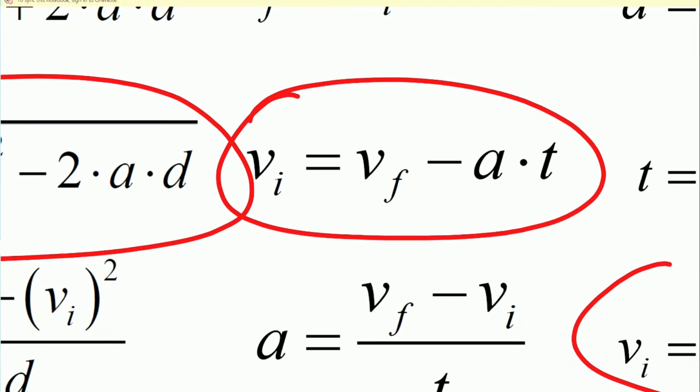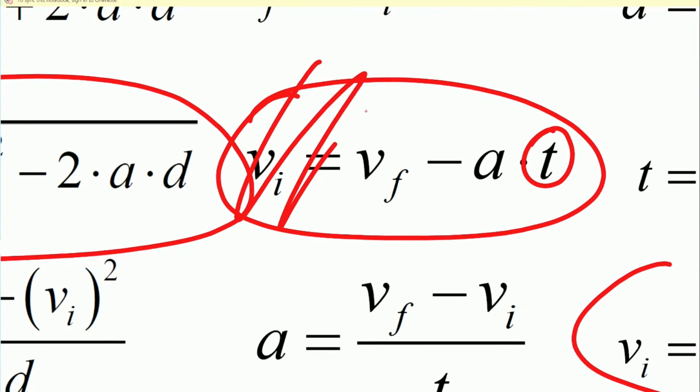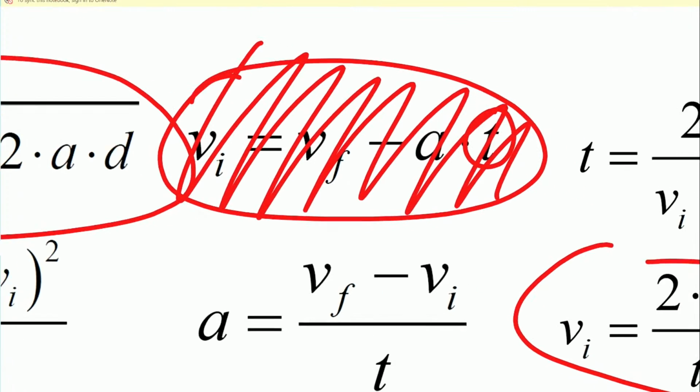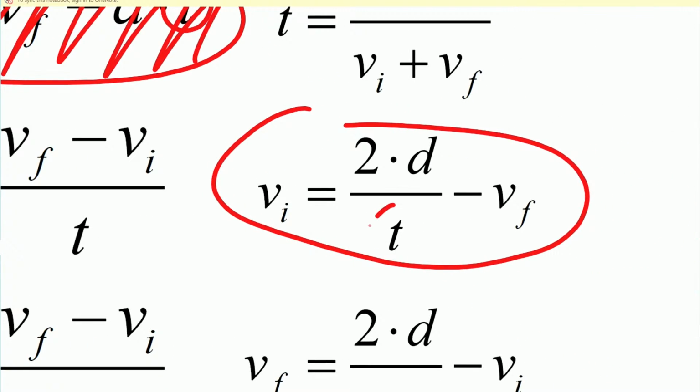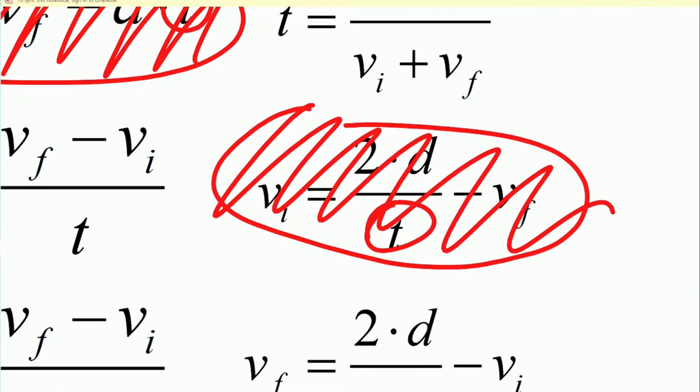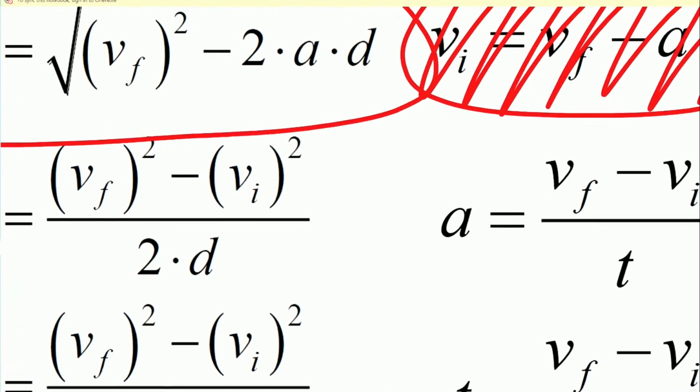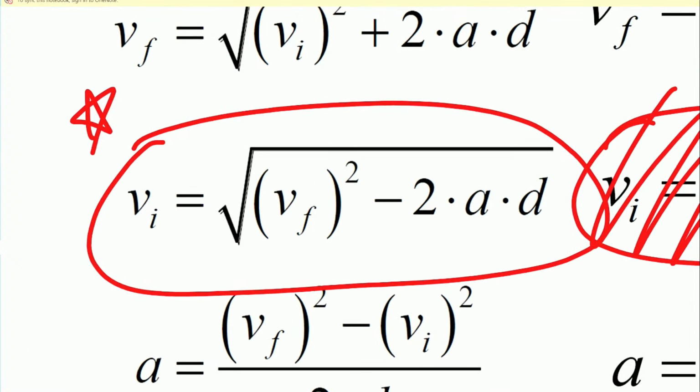Let's look at this one. Oh, there's time. So that's gone. And then the last one, there's time right there. So that one's gone. So this would be the equation that you need.